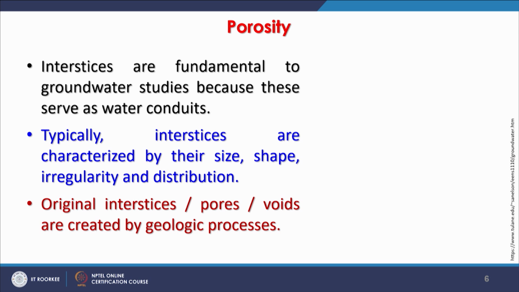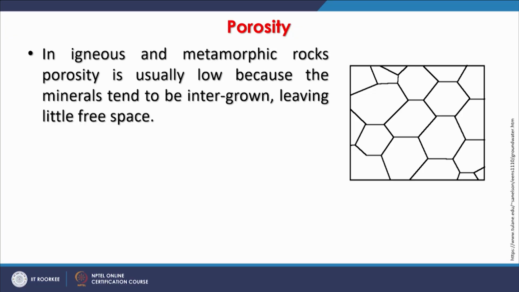Later on, because of weathering or some other geologic processes, further porosity can develop in the rocks. That is what we consider as secondary porosity. So, there is genetic porosity from the time of geologic formation of rocks.